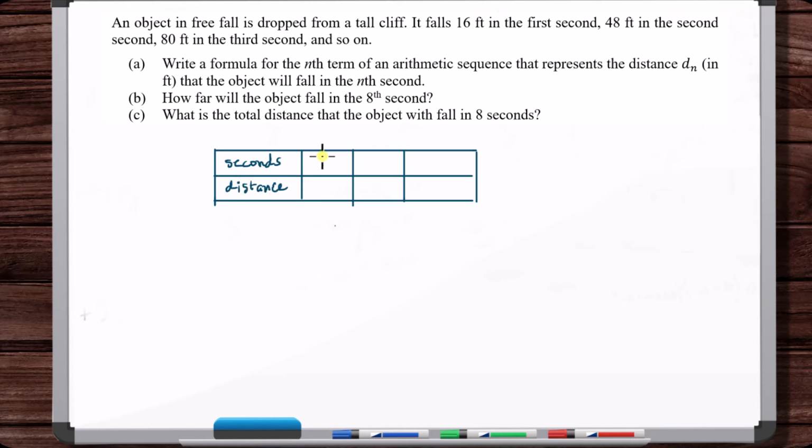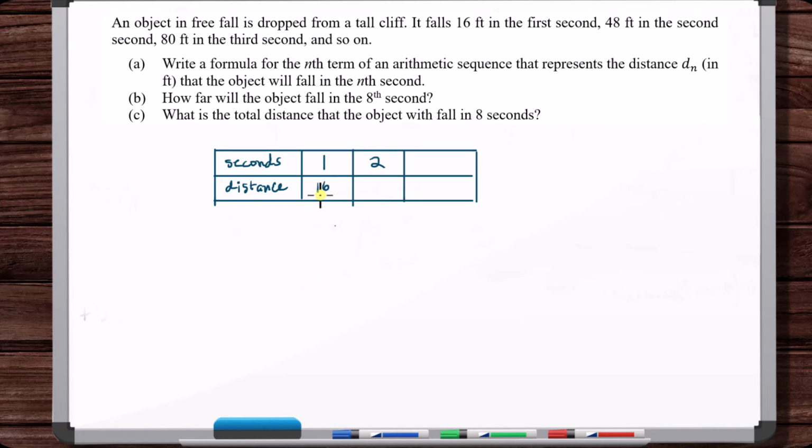So after the first second, it's fallen 16 feet. It falls 16 feet in the first second, 48 feet in the second second. So not total. It's saying in the first second it falls 16 feet and it's accelerating, right? From 0 seconds to 1 second, it falls 16 feet.